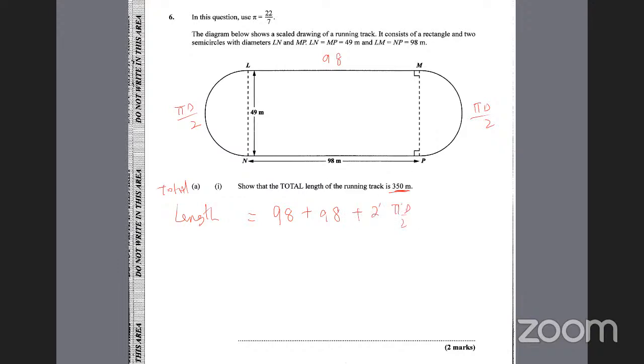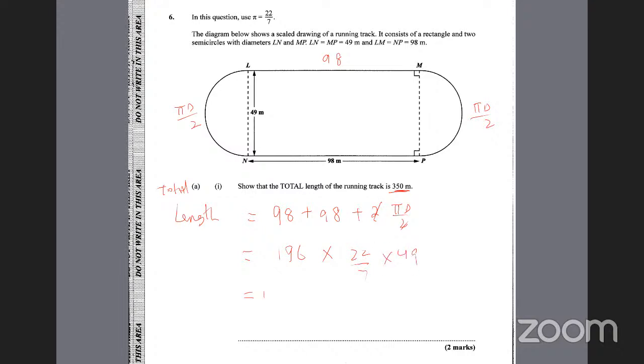So that 2 cancels. Let's try to add it. By the way, they told us what pi is. So let's start here. 98 plus 98, that's 196. Multiply by pi. Pi is 22 over 7 and this is 49.